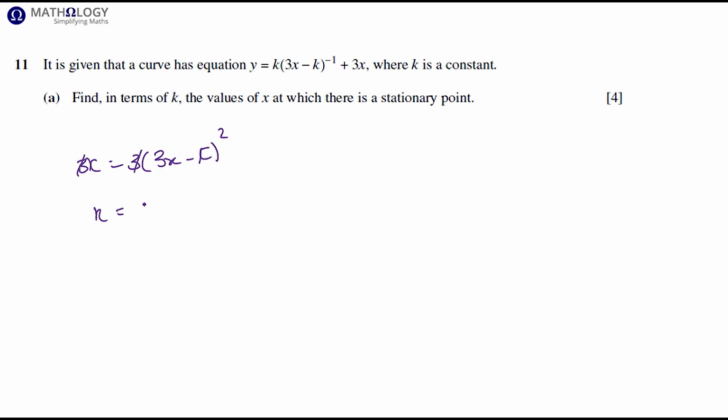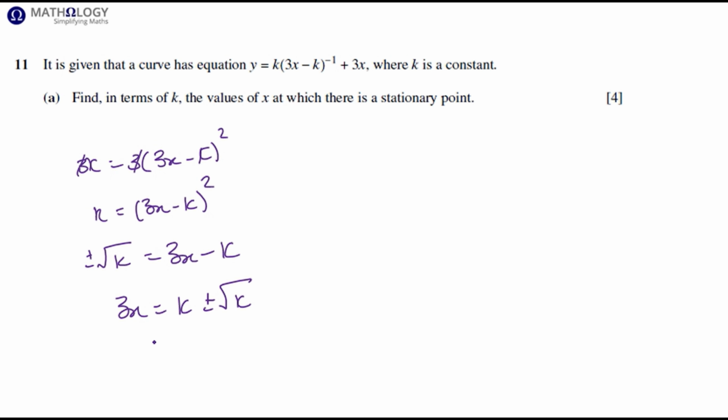So k equals (3x minus k) all squared. Since we want x in terms of k, we're going to square root both sides now. So we'll have the square root of k, plus or minus the square root of k, equals 3x minus k. 3x equals k plus or minus the square root of k, and x therefore equals k plus or minus root k, divided by 3.